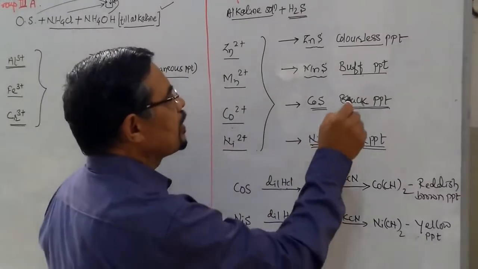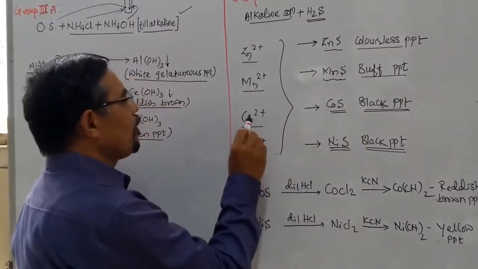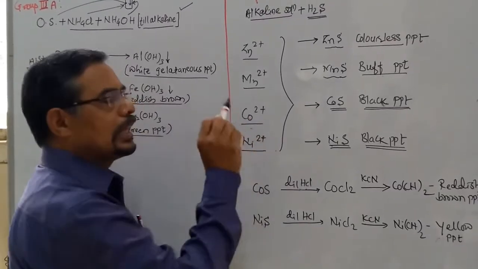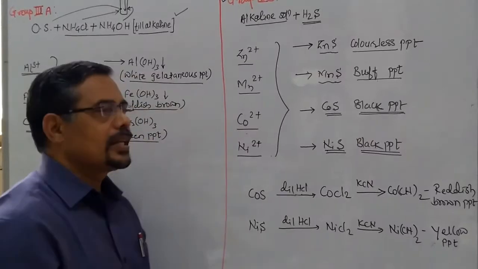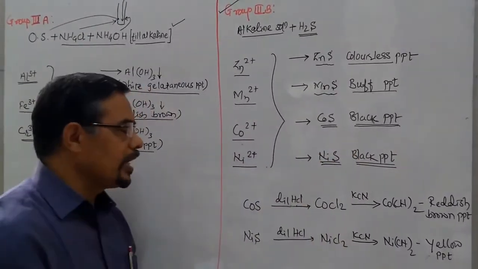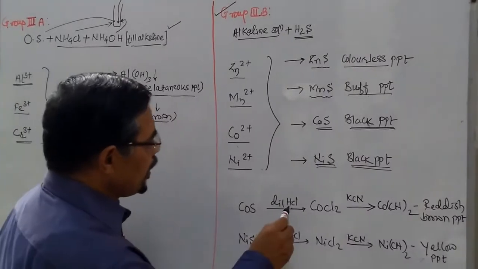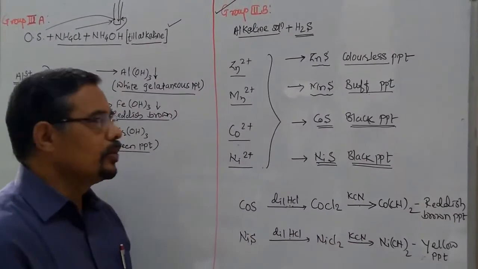Both sulfides are black colored, which indicates the presence of cobalt or nickel dipositive ions as a basic radical. They can be analyzed further by using dilute HCl and potassium cyanide solution.